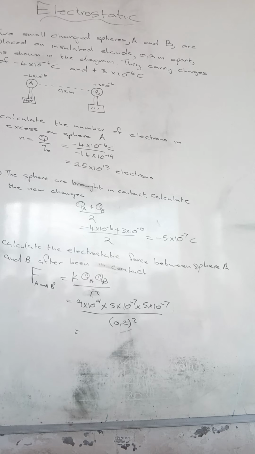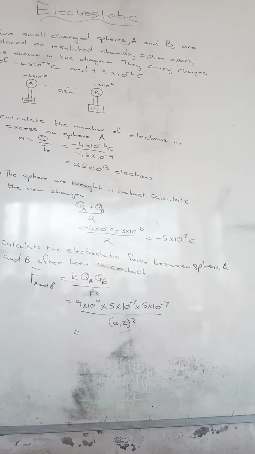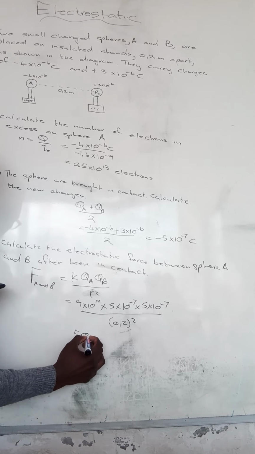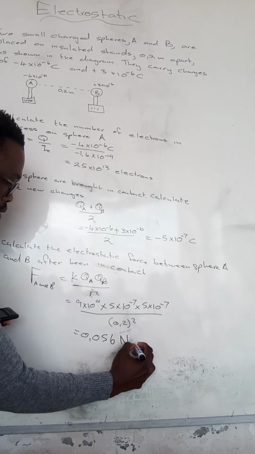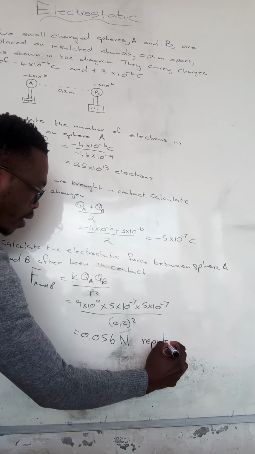So it is a force of repulsion. Then we calculate the electrostatic force between our charges: 9 times 10 to the power of 9 times 5 times 10 to the negative 7 times 5 times 10 to the negative 7, divided by 0,2 squared. The electrostatic force here is 0,056 Newton, which is a repulsion.